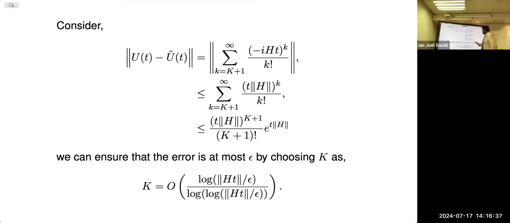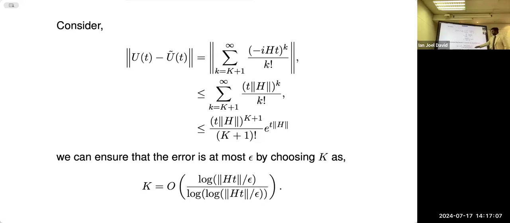So what we need to do is bound this above by our precision and then solve for K. And that's an extremely long and arduous process involving Stirling's approximation and some approximations of the log function, which you can look at in those references that I put on the first slide. But I will just simplify it and write down how K scales. So K scales in the following way.